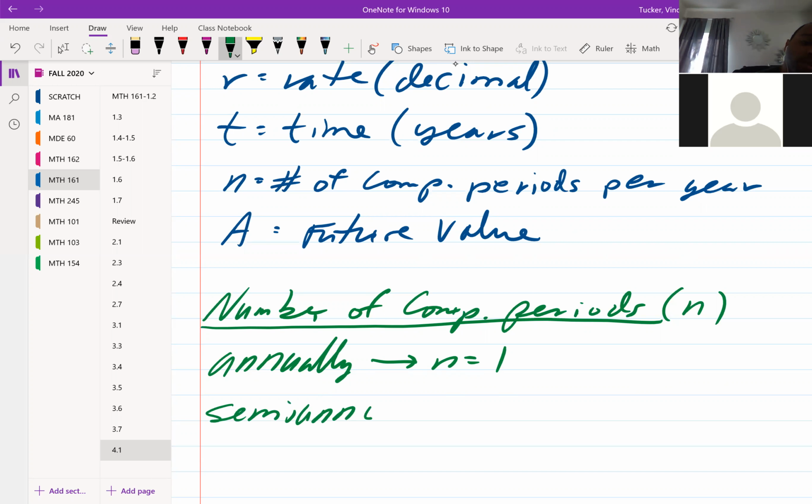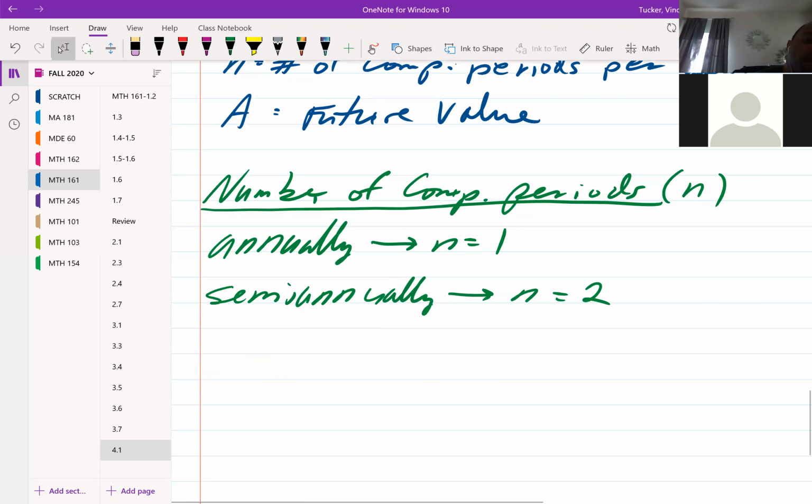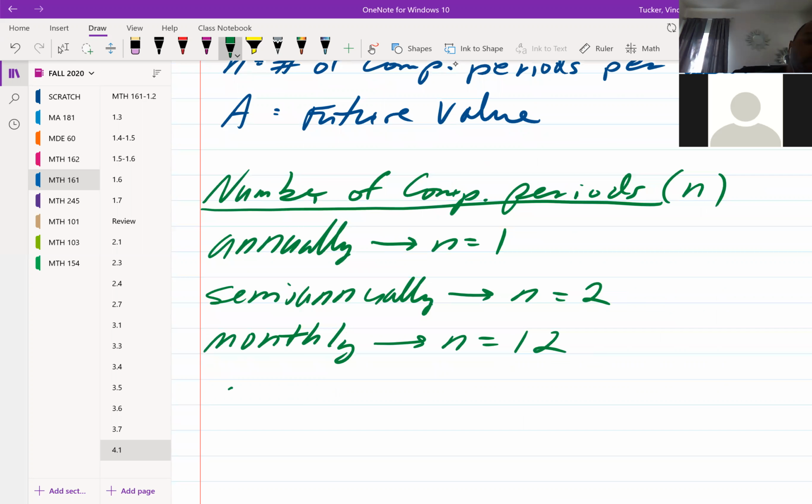Semi-annually, n is equal to 2. Monthly, n is equal to 12. Probably should have gone quarterly: n is equal to 4.